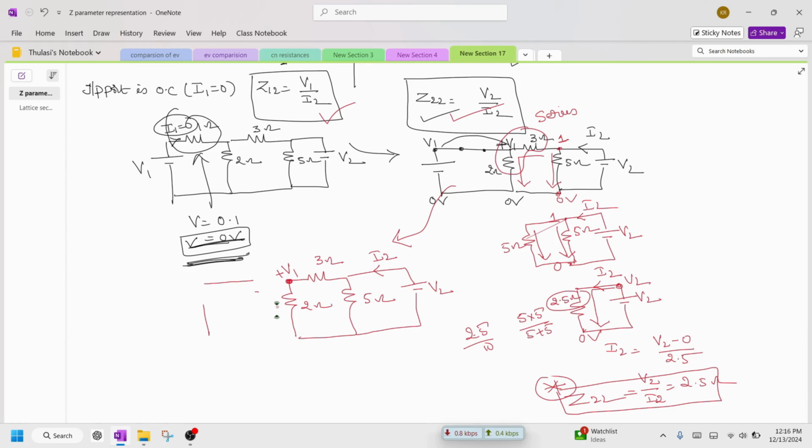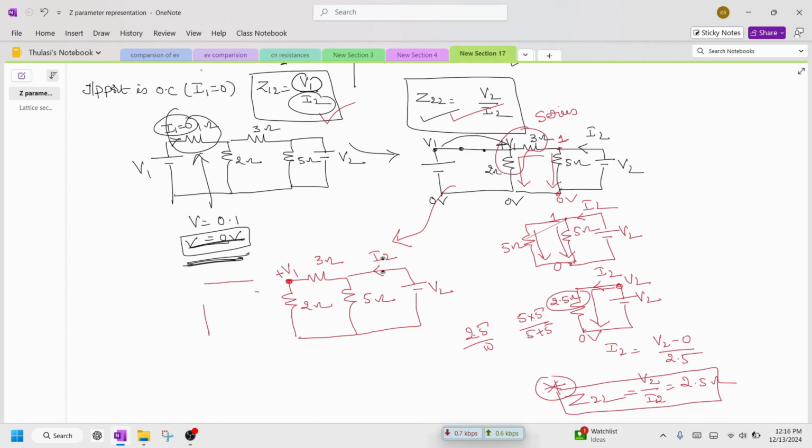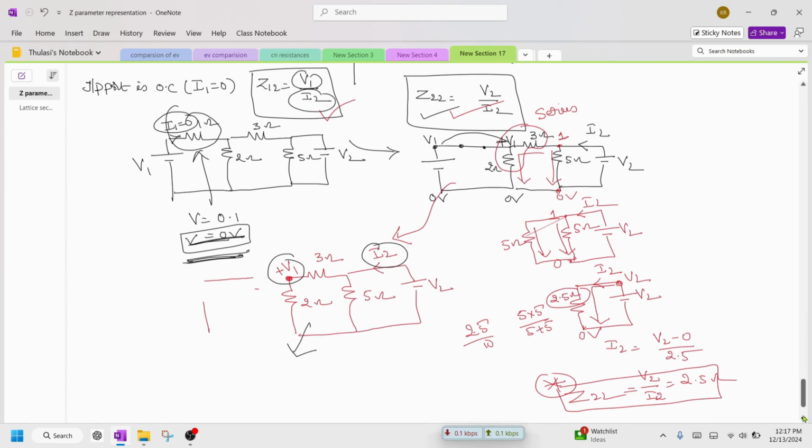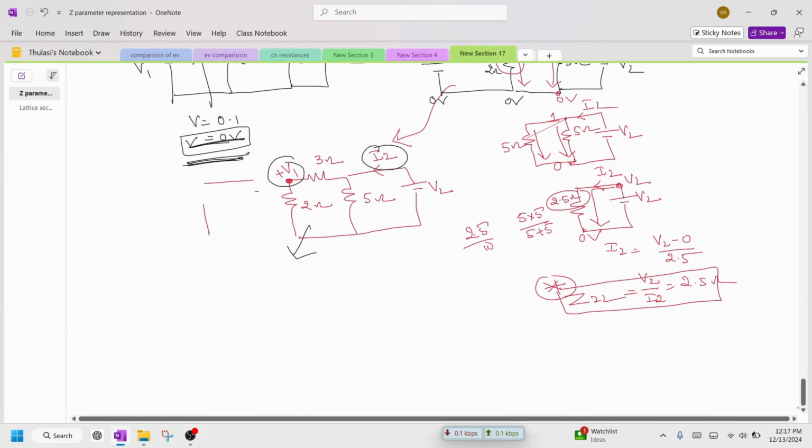Now when you observe here, we require a relationship between these two parameters, between I1 and V2. So between I1, I2 and V1. So in order to do it, what I am going to do here is, we require relation between I1 and V2.